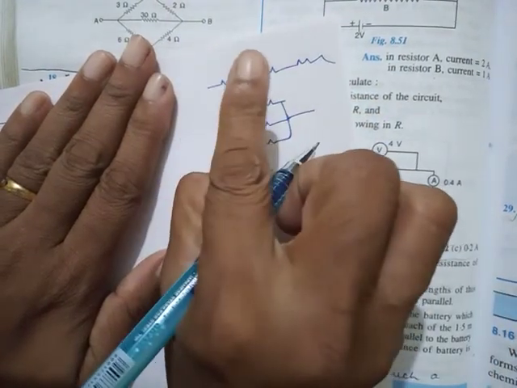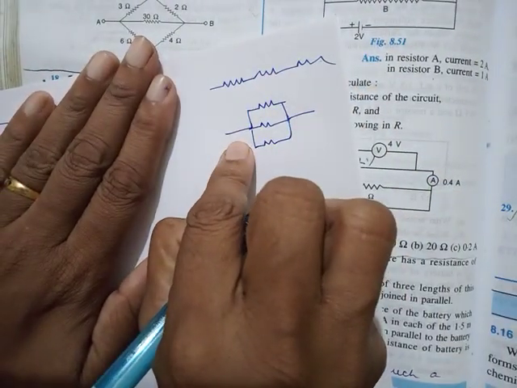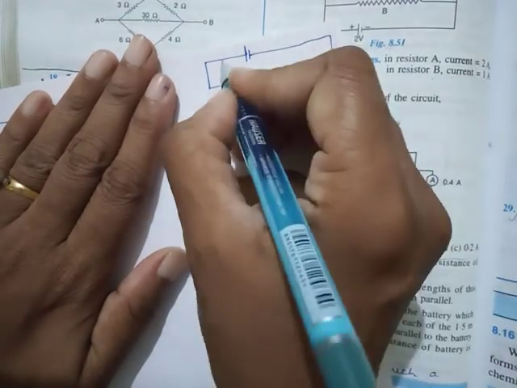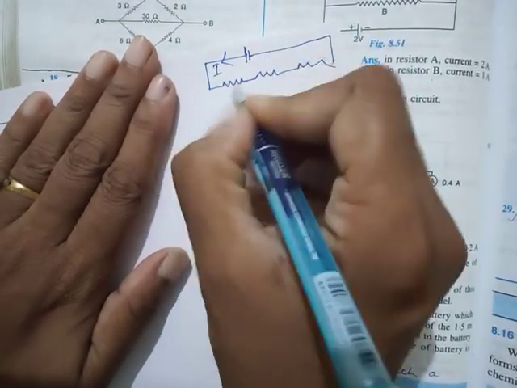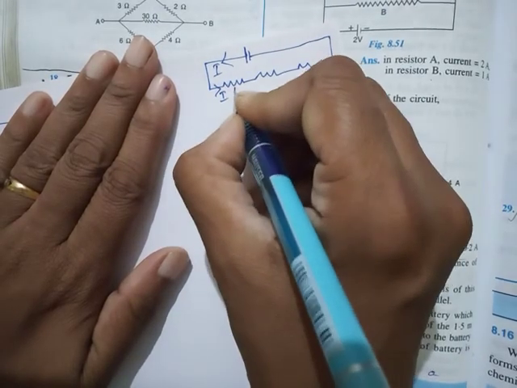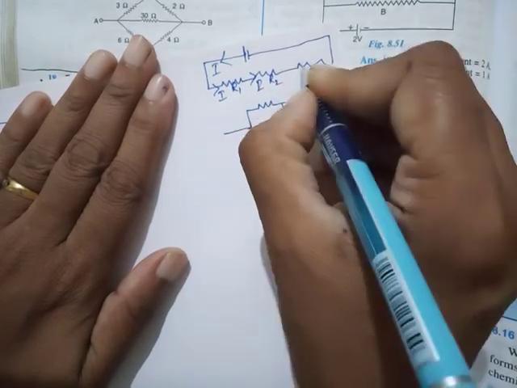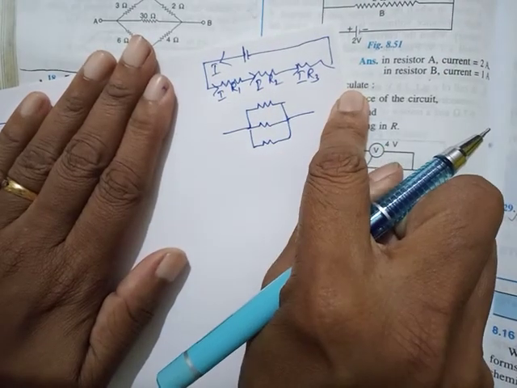So there is another property that you can remember. In case of series circuit, if I is the current coming, same current will be going through all resistors, R1, R2 and R3.